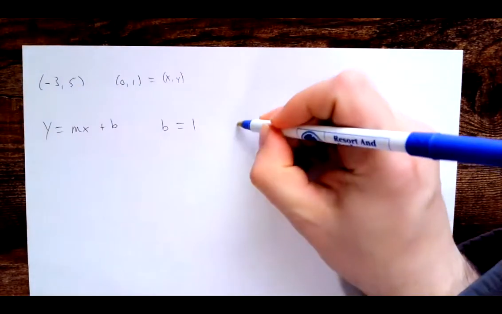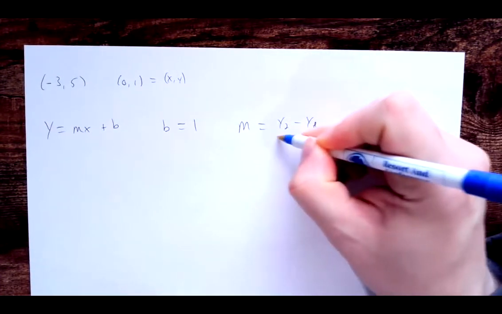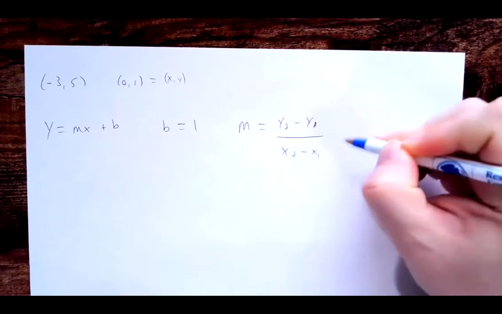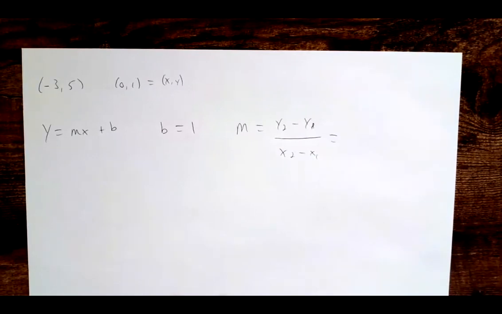So all I need left is to find the slope, and that's the difference in the y values over the difference in the x values. y2 minus y1 over x2 minus x1.